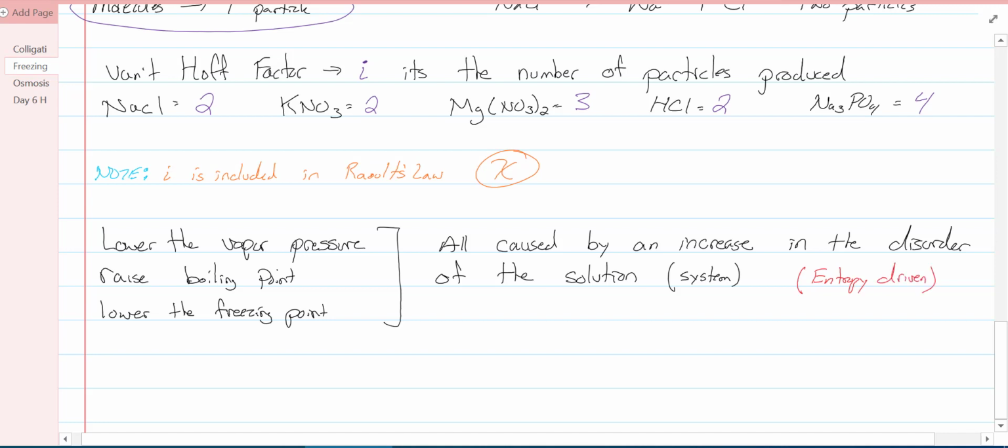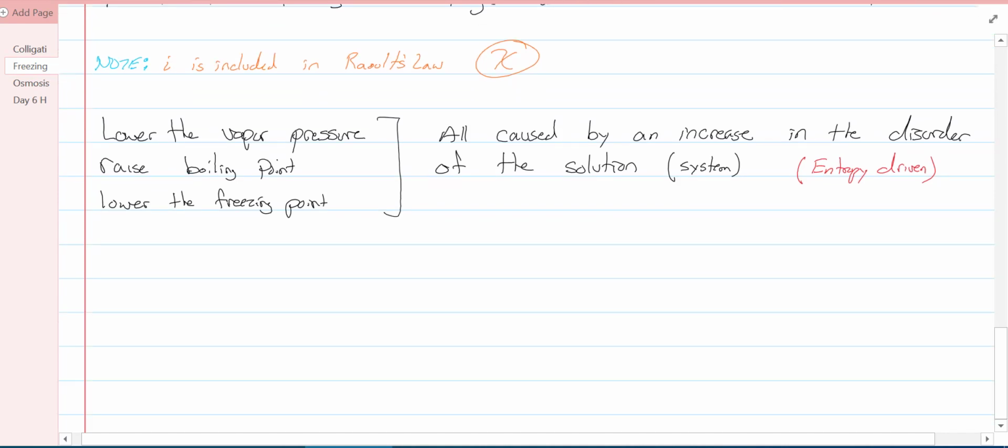Alright, so now, how do we calculate this? Delta T. There's two of them, delta T. Equals k.